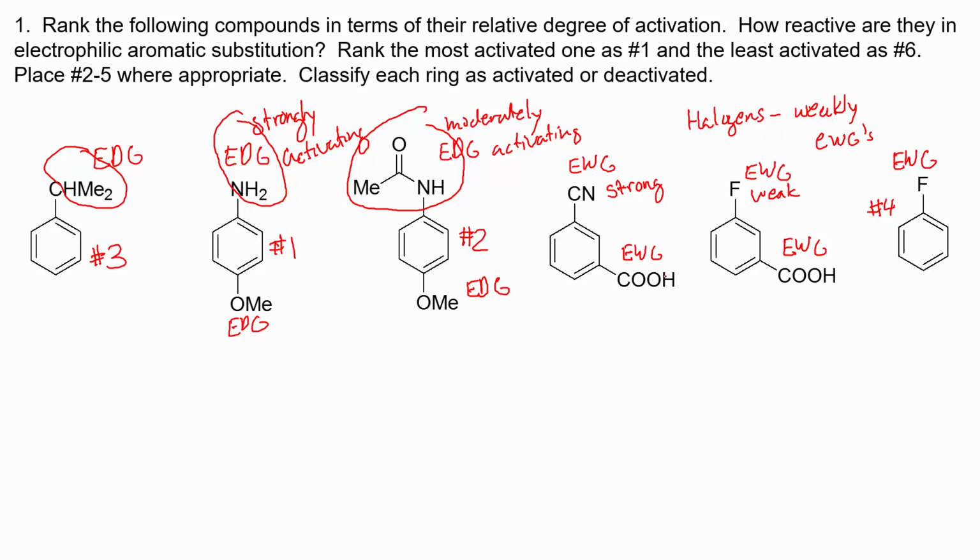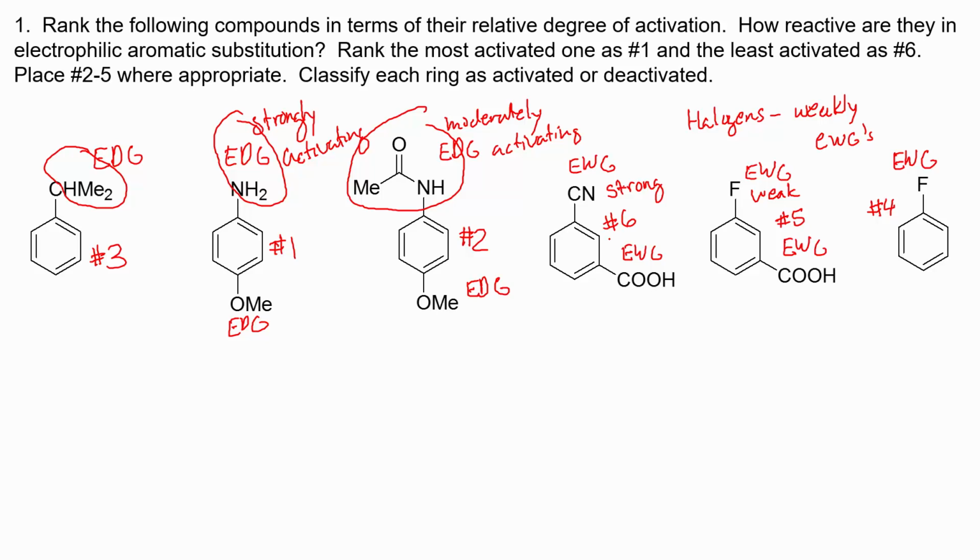These 2 here both have the carboxylic acid, which is a moderate electron withdrawing group, in common. Okay, so we're going to choose this one as number 4, this one as number 5, because this fluorine is not as strongly electron withdrawing as cyanide, which is going to be number 6.